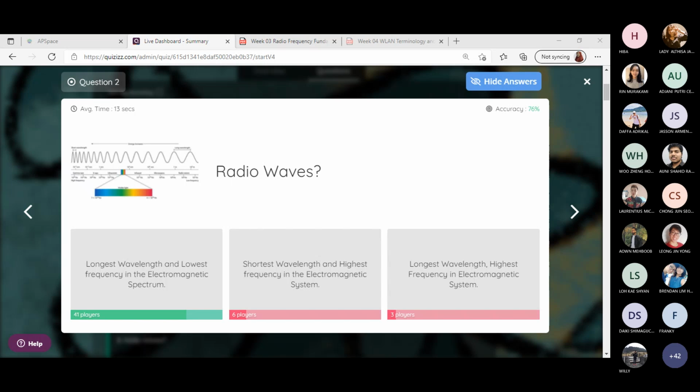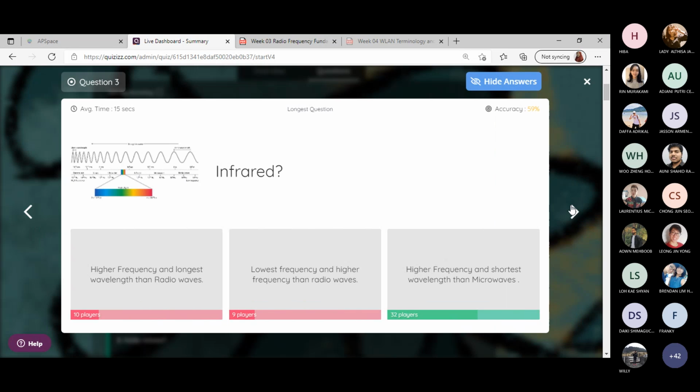Okay. Clear? All right, so we proceed. Next one. So the majority of you are able to answer it. Very good. The third one, infrared. Infrared, if you compare, is higher frequency and shorter wavelength than microwave.